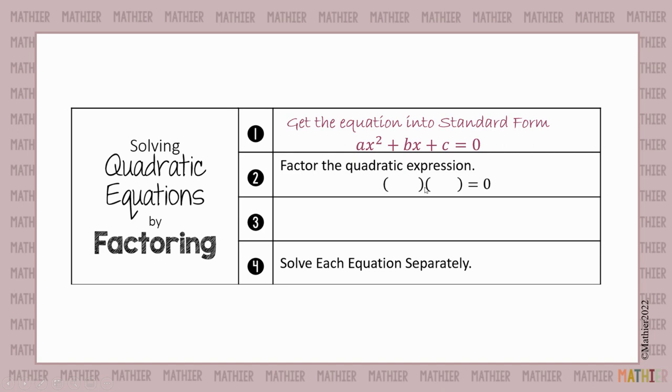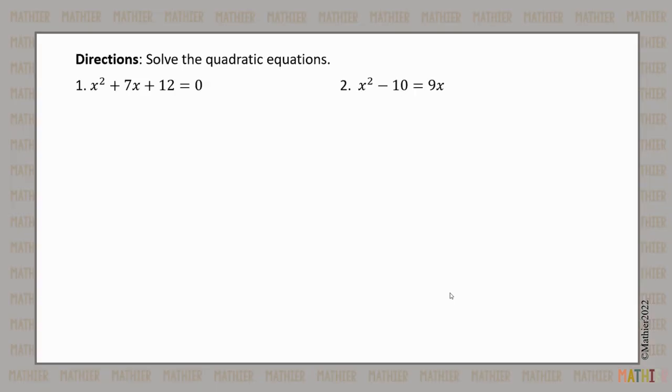And then once it is, you go from writing it as the sum of three terms to a product of two binomials. If these two expressions multiply together to equal 0, one of them must be 0. So you set each factor equal to 0, and then you solve each equation separately.